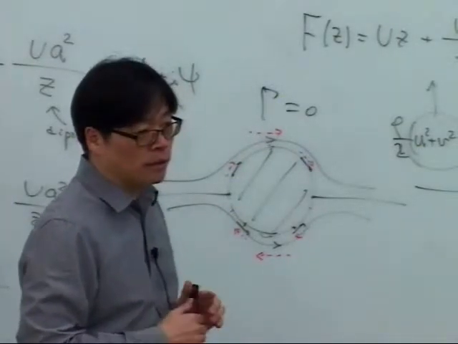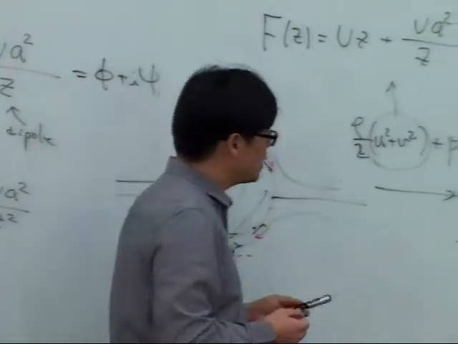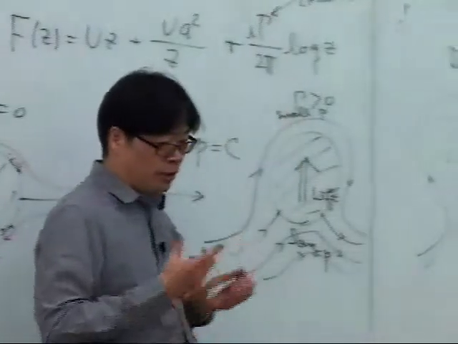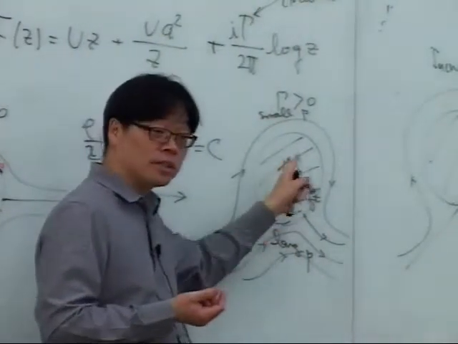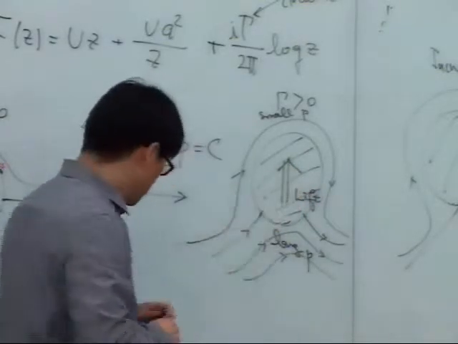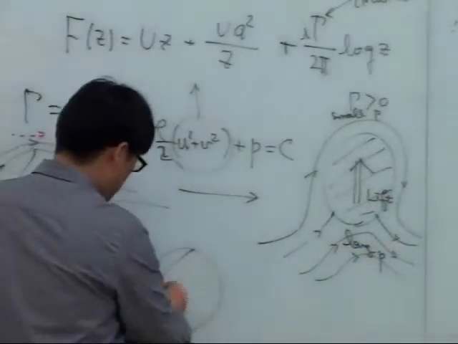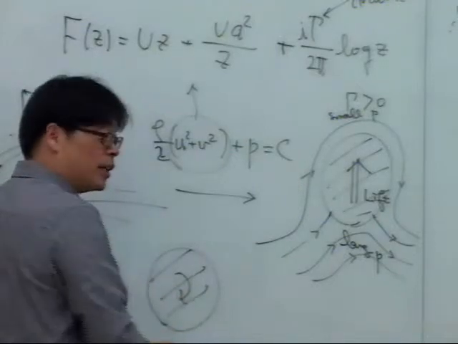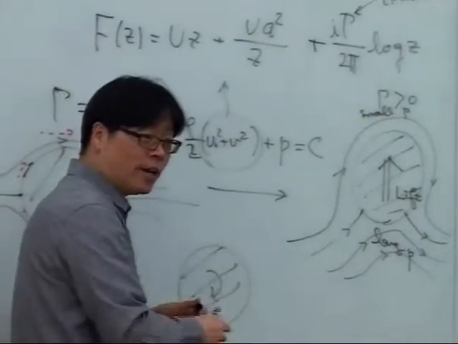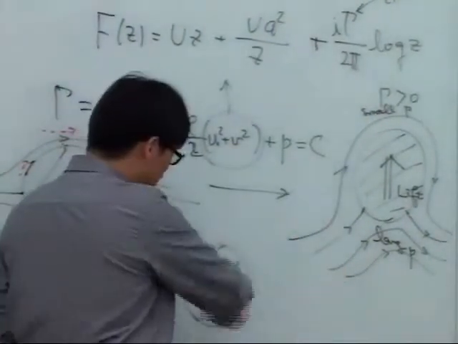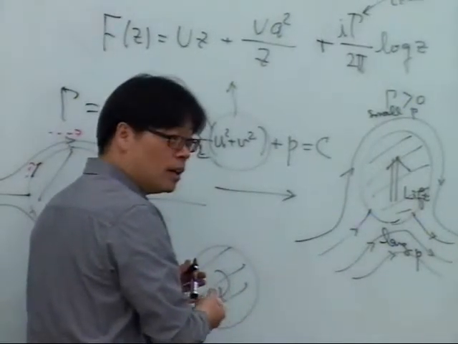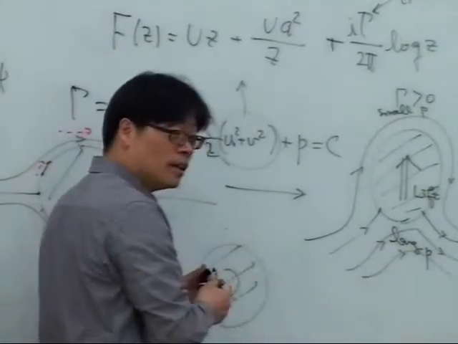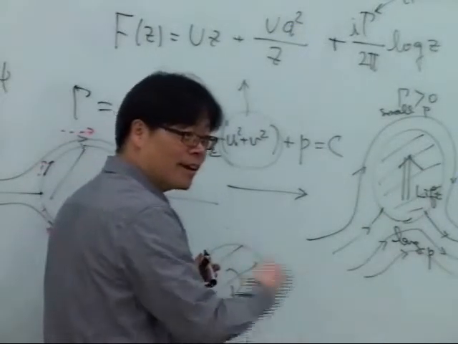So, typically this vortex in the real world can be generated by rotating this cylinder. If you rotate this cylinder, if there is no viscosity, what happens? If I just rotate a cylinder, if it is inviscid, then nothing happens, okay?